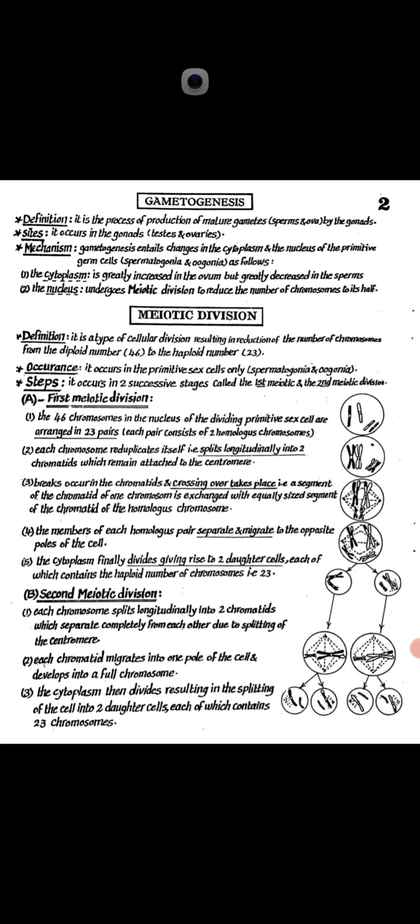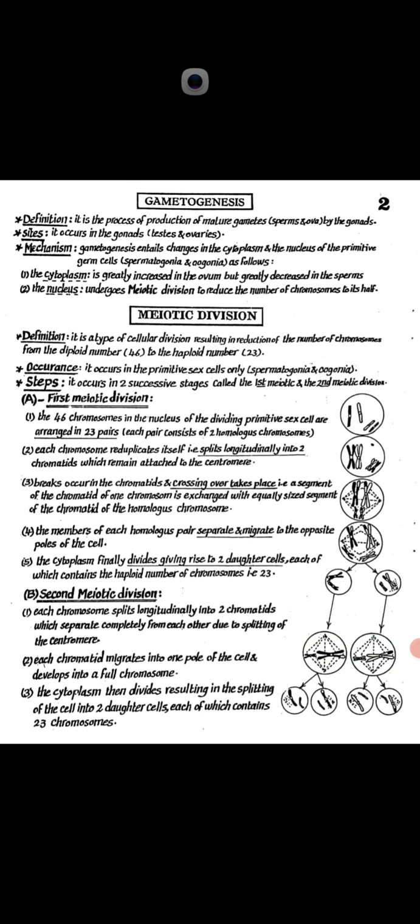Now come to the steps. It occurs in two successive stages called first meiotic division and second meiotic division. And remember, there are MCQ points for every type of exam in first and second meiotic division. Crossing over occurs in first meiotic division.